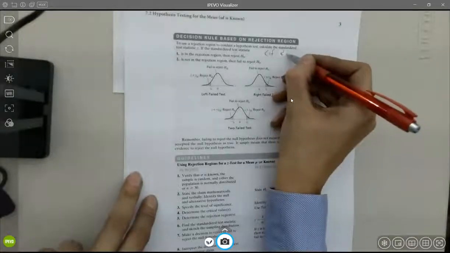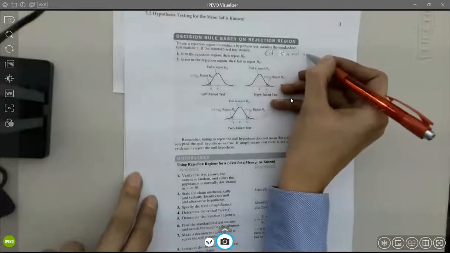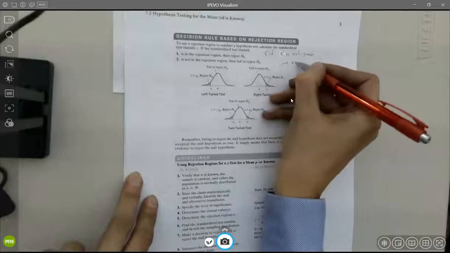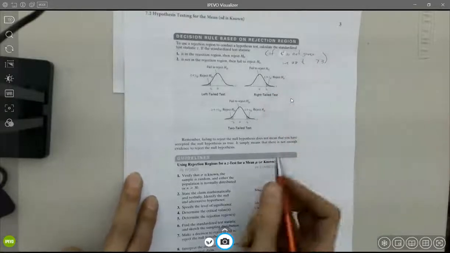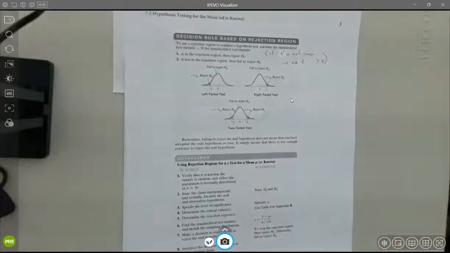If sigma is not given, we use t. We're going to talk about it in 7.3 later, but just know that in general, we use t, since you have seen the t table before.